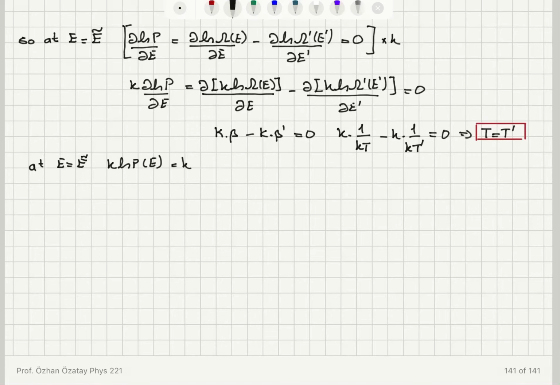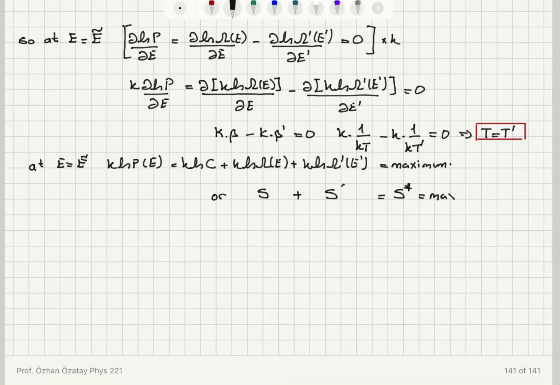So we have k ln C plus k ln Ω(E) plus k ln Ω'(E'), and this is a maximum at this point. Therefore, in terms of entropy, k ln Ω is the entropy of system A, k ln Ω' is the entropy of system A', and the total is A star, the total entropy.